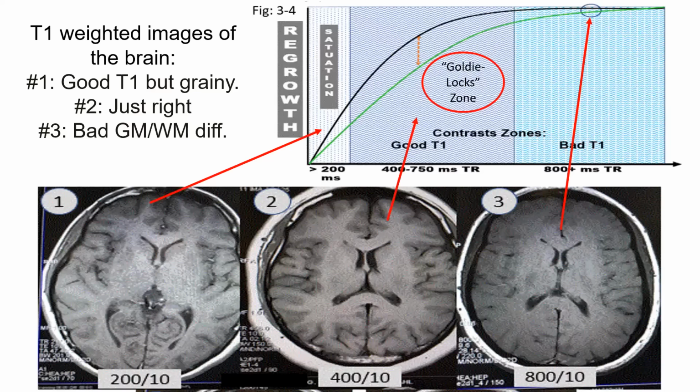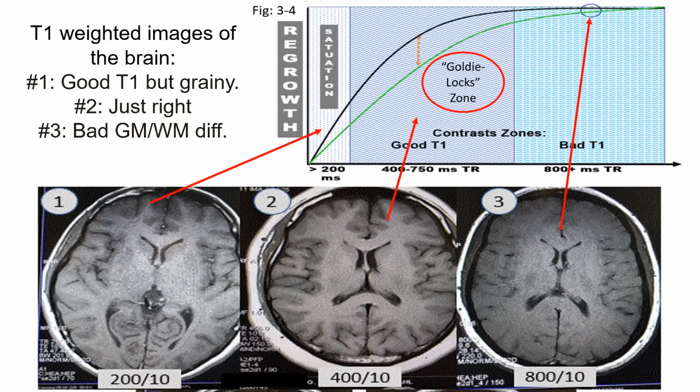And that's what this image shows you. The top right is right out of my book. It shows that if you image with too short of a TR, number one, over to the left, that image is kind of grainy because we're not giving enough time for tissue to T1 relax, so not enough of it is in the transverse plane to give signal.